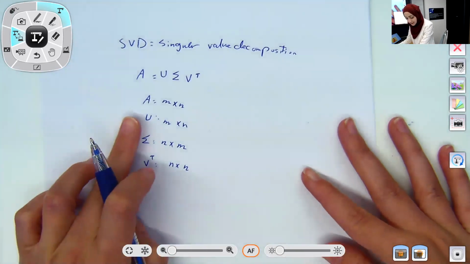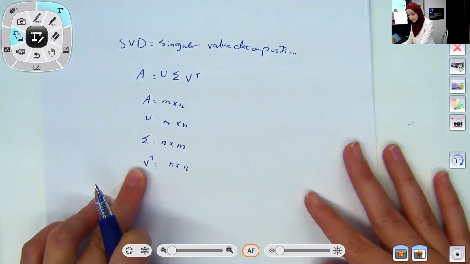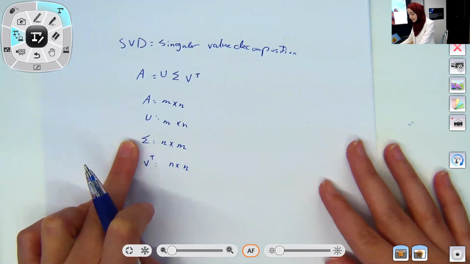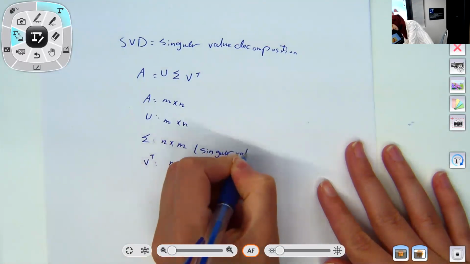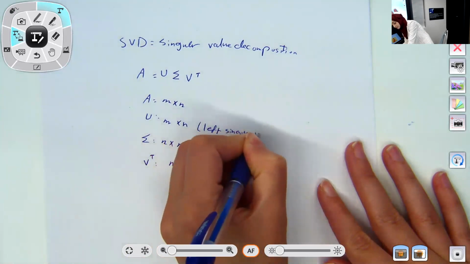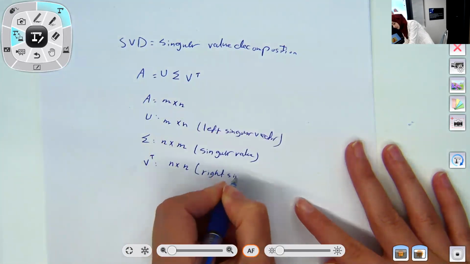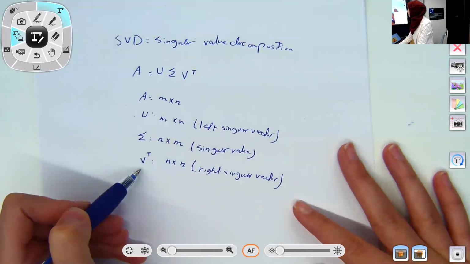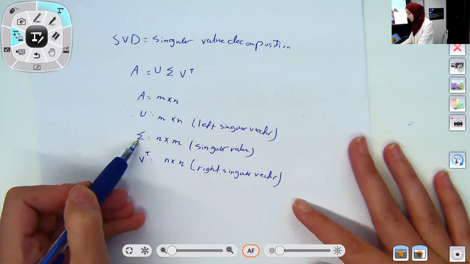We call U the left singular vectors and V the right singular vectors. And sigma, the diagonal, we call the singular values. The vectors U and V can be complex or real numbers, but the matrix sigma always consists of real numbers.